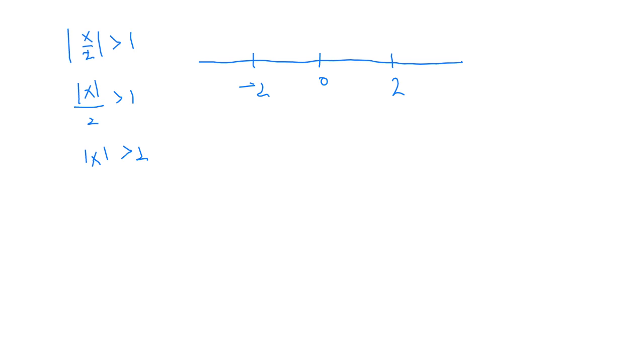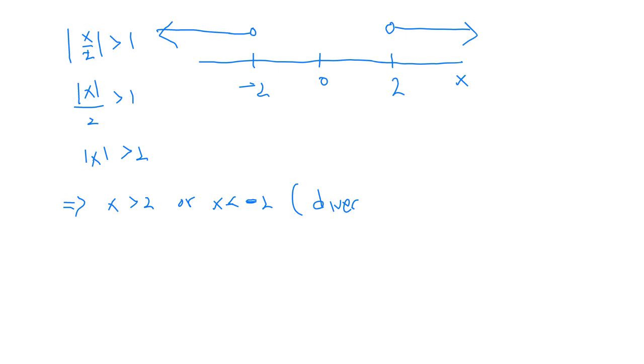That would be for values of x larger than 2 and values of x smaller than -2. So this means that x would be greater than 2 or x would be less than -2. You see, that would be where we have divergence.